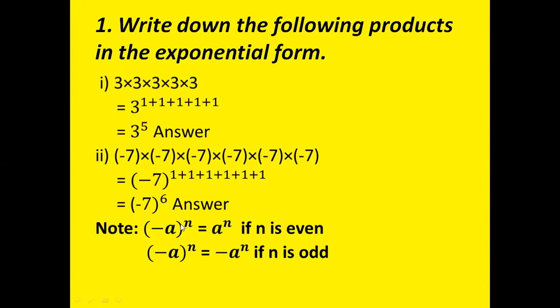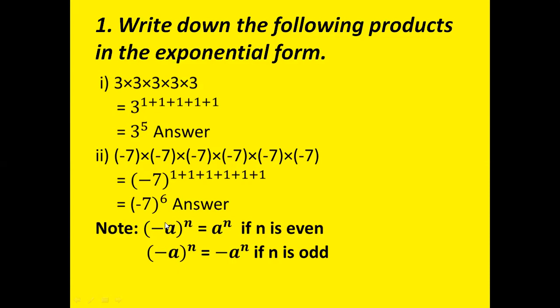Similarly, minus a to the power n equals a to the power n. What does it mean? When the whole power is an even number, then when an even number is the power of a negative base, it will always give a positive value. If the negative base has an odd number power, it will always give a negative value.